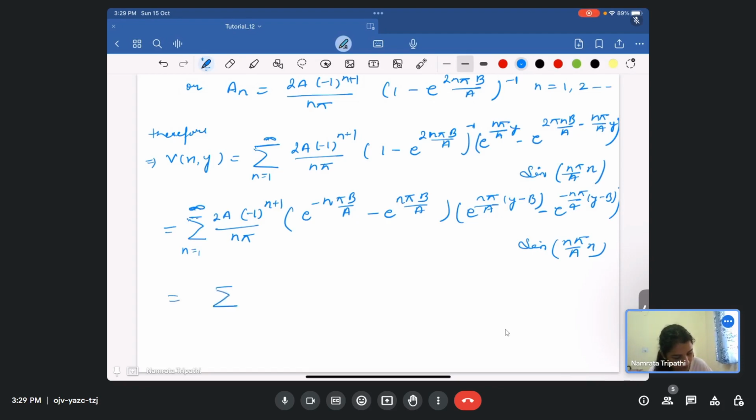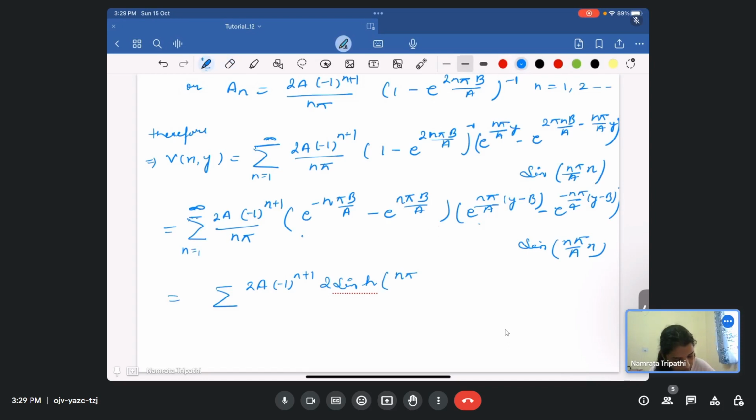So from here, this is sine hyperbolic. Fine. 2 sine hyperbolic. This term is sine hyperbolic, I think, and this is also sine hyperbolic.